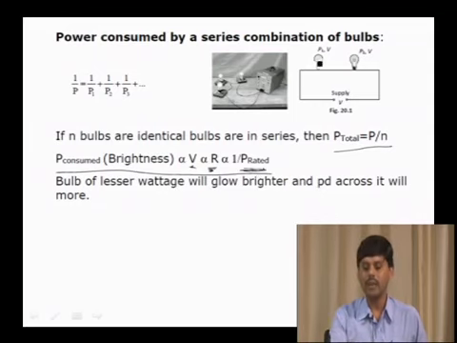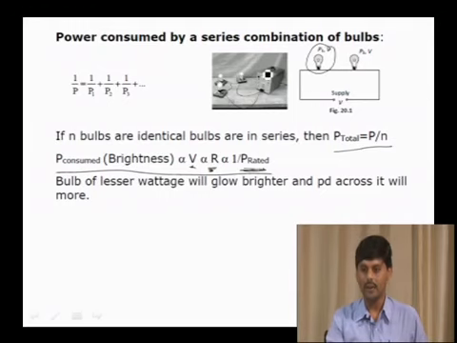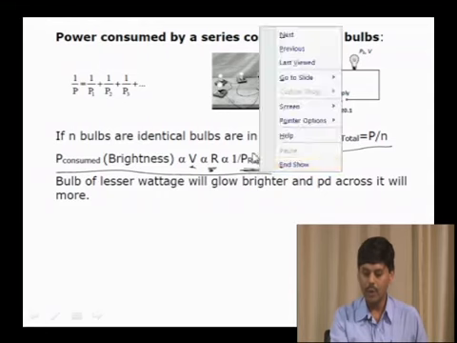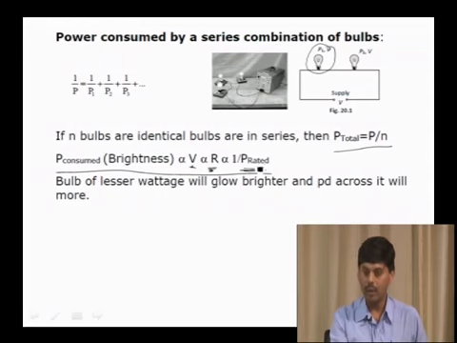Suppose we have 40 and 60, 40 is the lowest wattage. According to this relation, the lower wattage bulb glows brighter, because it is inversely proportional. In words, the bulb with lesser wattage will glow brighter and the potential across it will be more. Here the voltage is also more.